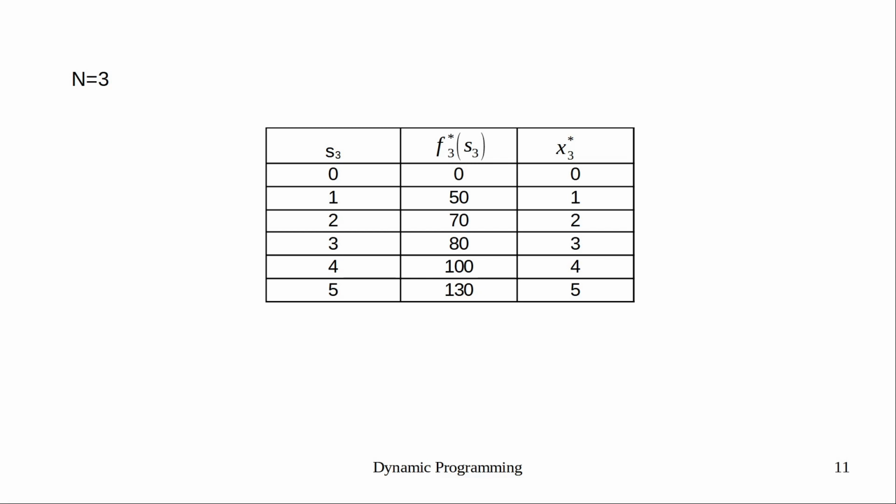If we come to state number 1, that is allocation of 1 team, it's going to be 50 plus 0. Similarly, allocation of 4 teams, S3 is 4, is going to be 100 plus 0. So X3 star, of course, is going to be 0, 1, 2, 3, 4, depending on what you have allocated.